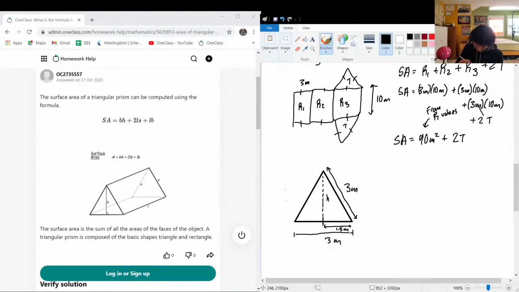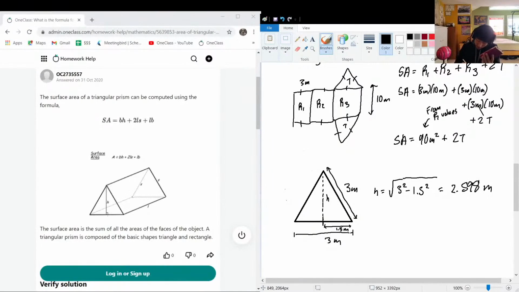Now we know from Pythagoras' theorem that h is going to be the square root of 3 squared minus 1.5 squared, and that is 2.598 meters.